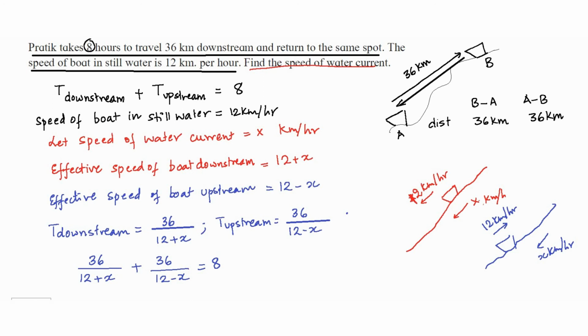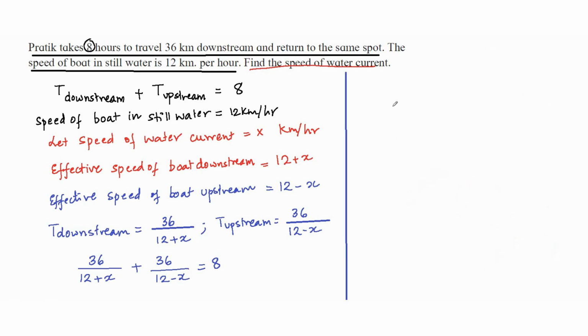So now let's consider finding the LCM. The LCM of 12 plus x and 12 minus x, I don't see any term that is common, so I can simply multiply them to find the LCM. So 12 plus x gets multiplied by 12 minus x.